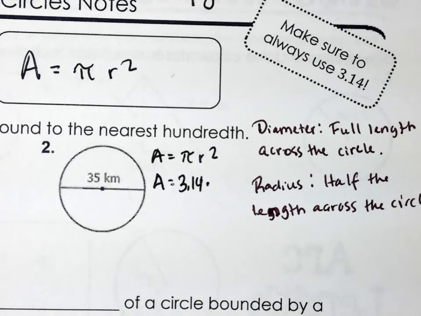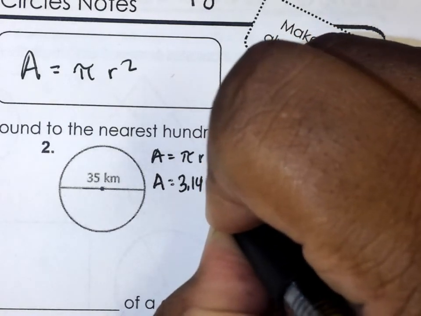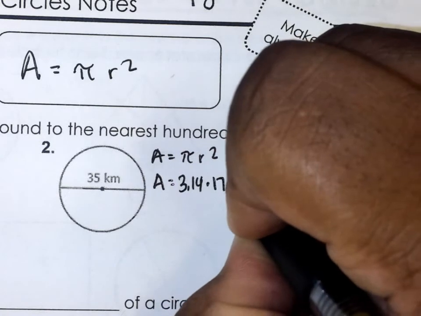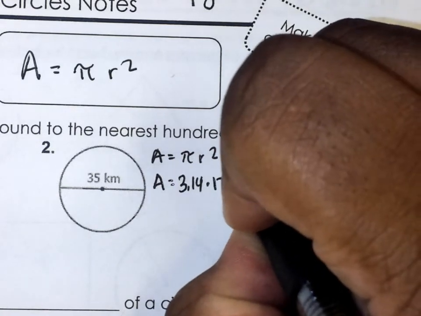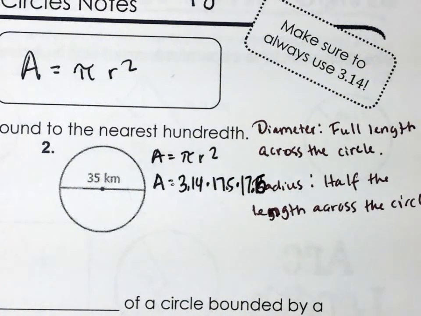I knew I asked the right person. 17.5 is my radius. Anybody got any confusion on why that is? I'm writing into my other words, my bad. Sorry, that's 17.5 times 17.5. I should have moved that over further.